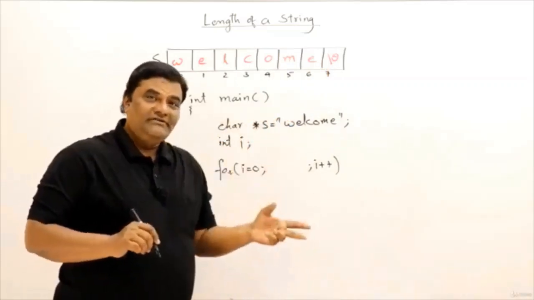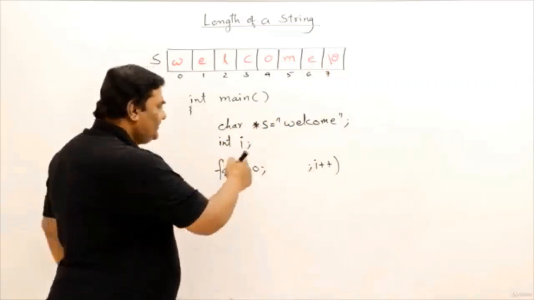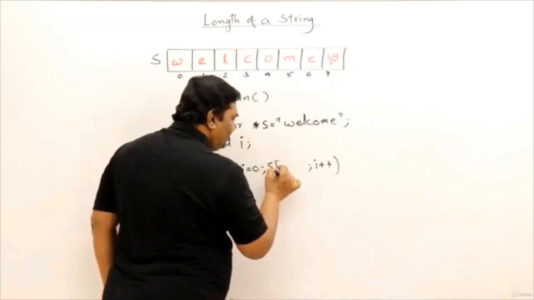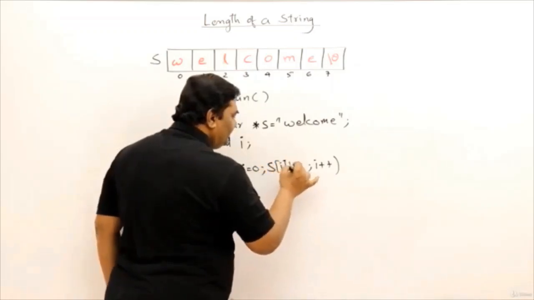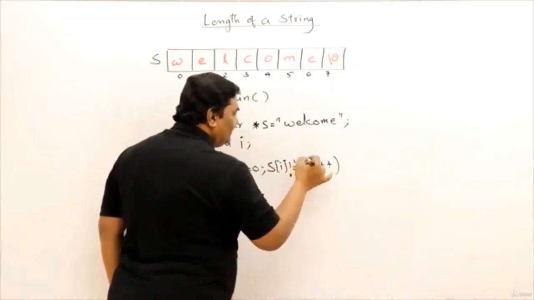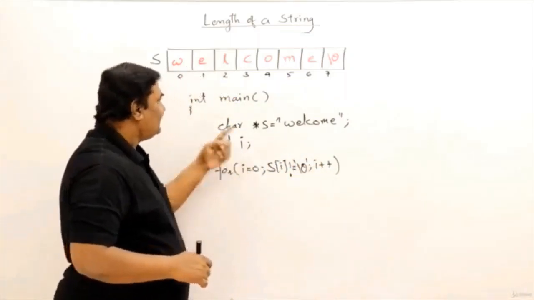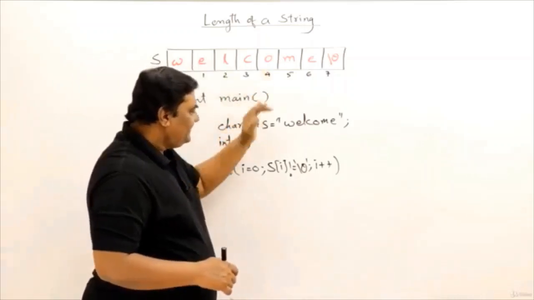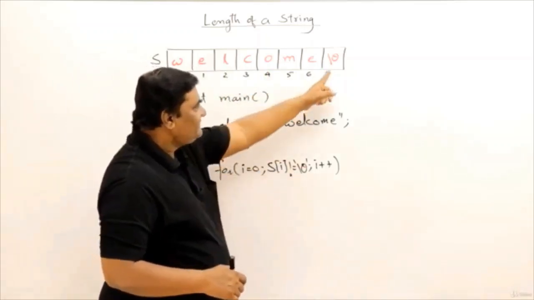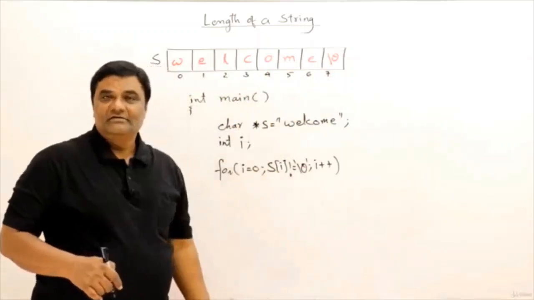So if it is not equal to the null character, I should continue. So here the condition should be S[i] not equal to the null character. That's it. This for loop will start from 0 and go on incrementing, and it will stop when it has reached this null character.